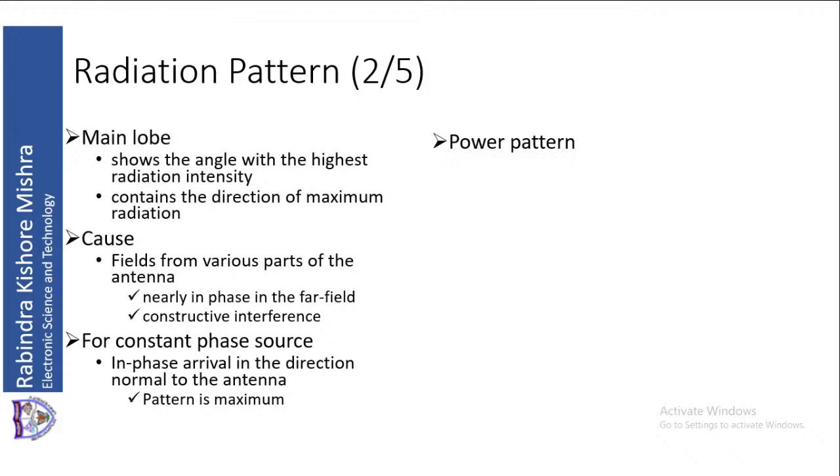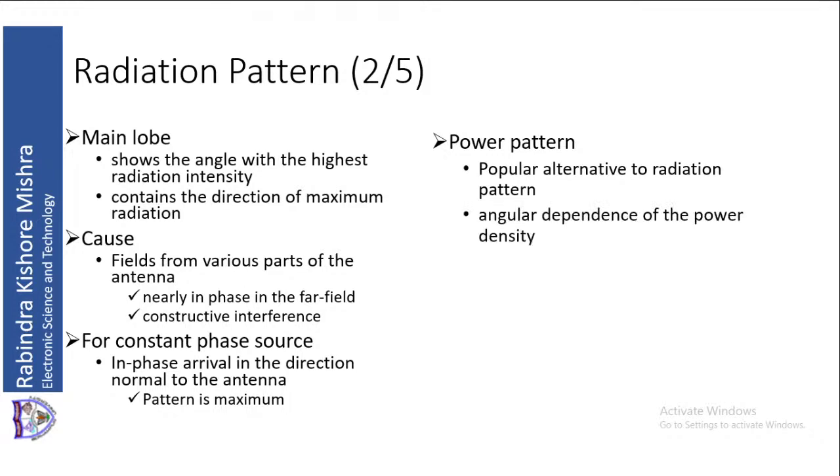There will be constructive interference from each of these points. So that is the cause of the main lobe. For a constant phase source, we require in-phase arrival in the direction normal to the antenna. The pattern gives you maxima because if they are in phase, there will be constructive interference. Constructive interference gives us the maximum.